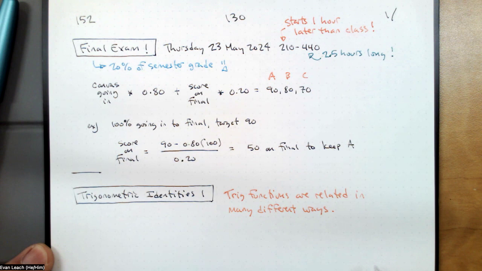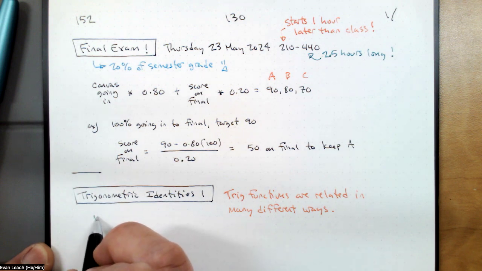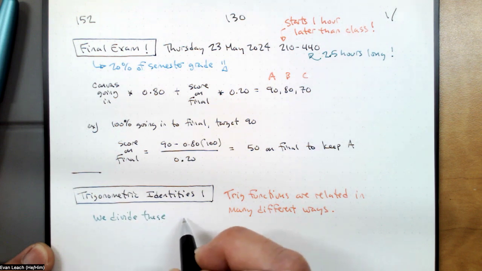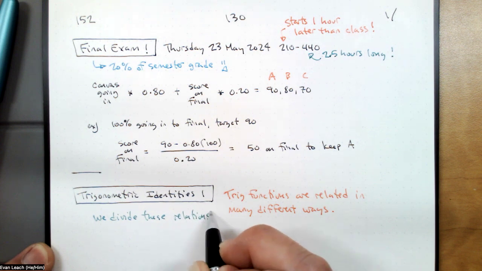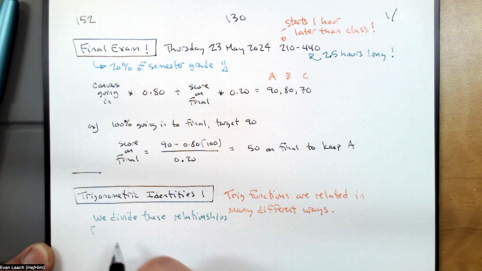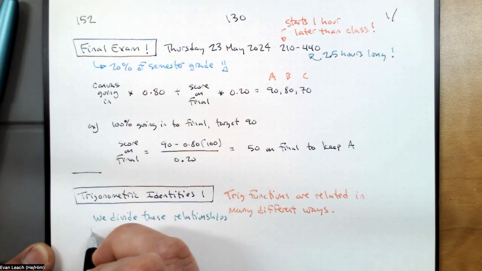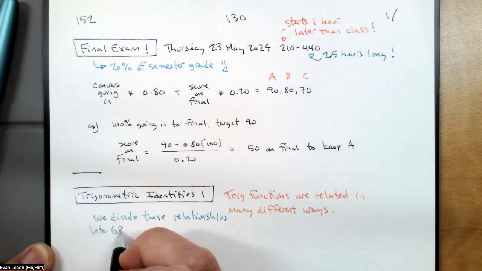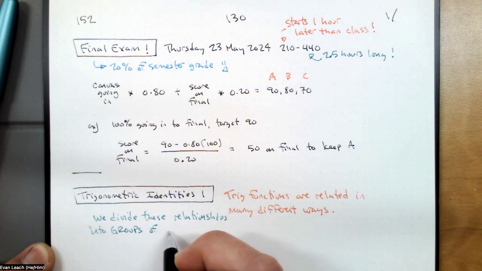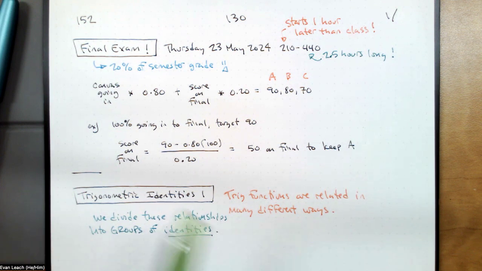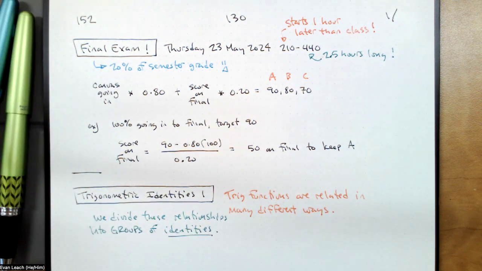We divide these relationships, how they're related, into groups of identities.